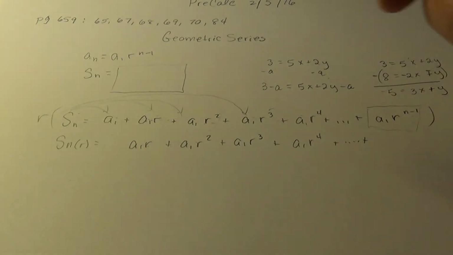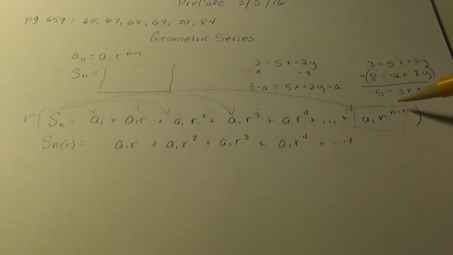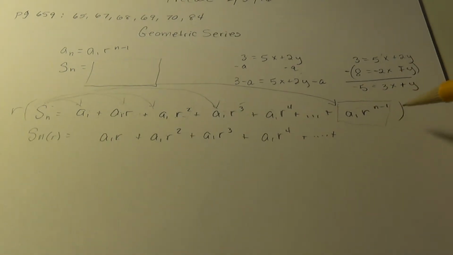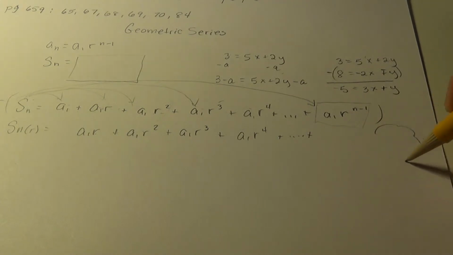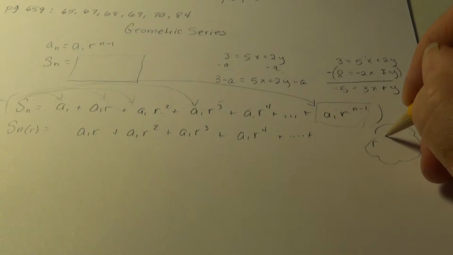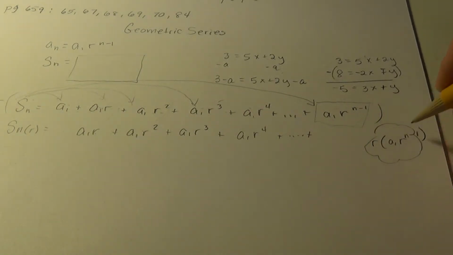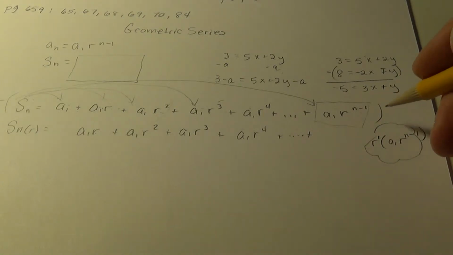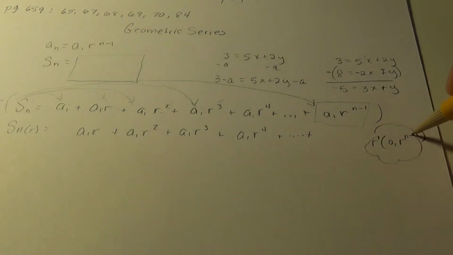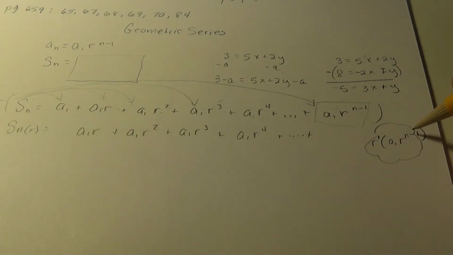So what will it be when I get r times a sub 1 r to the n minus 1? Well, here's what I'm thinking about in my thought cloud. I have r times a sub 1 r to the n minus 1. So that's like r to the 1. When I multiply it, I add these exponents. So what is 1 plus n minus 1?